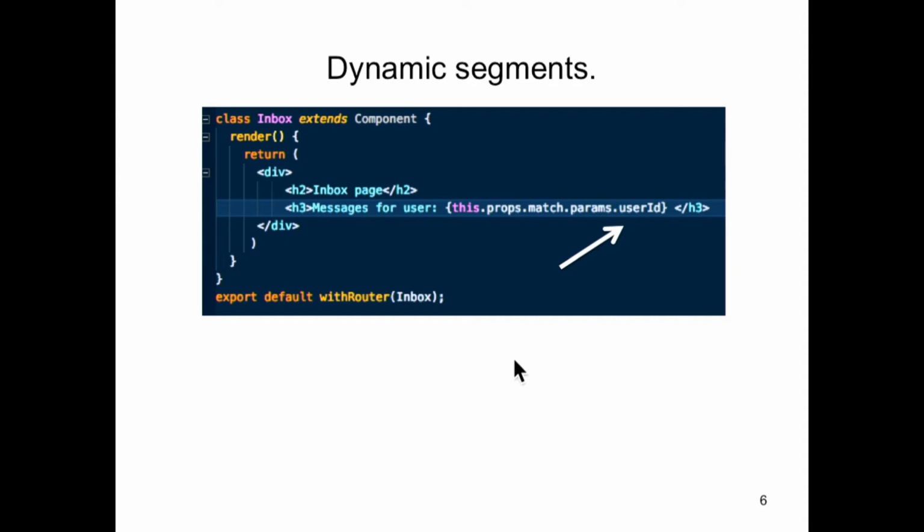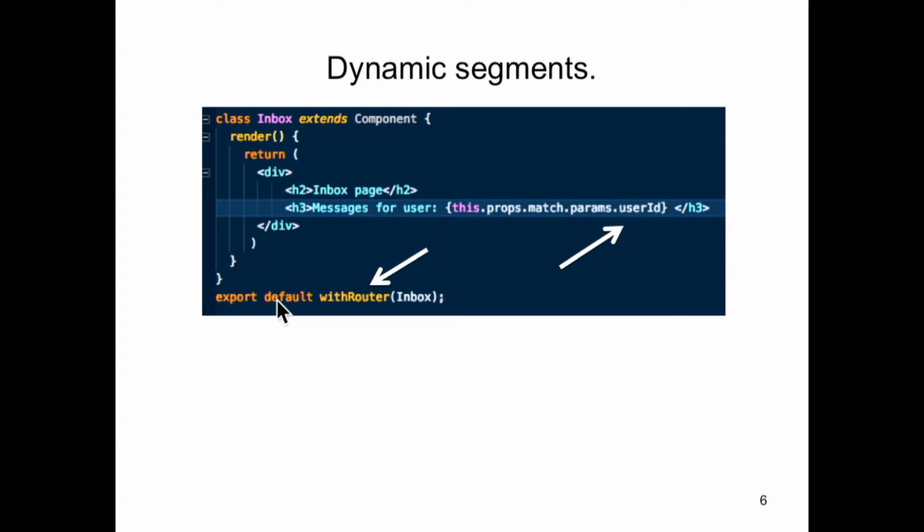Now there's a little bit more going on here though. Ordinarily, this match prop is not available to a component. You have to do something extra in order to make that property available to your component. And the answer as to how we do that is down here. You can see here that I'm not exporting my inbox component.